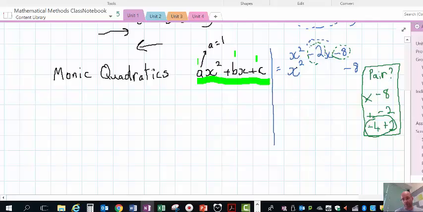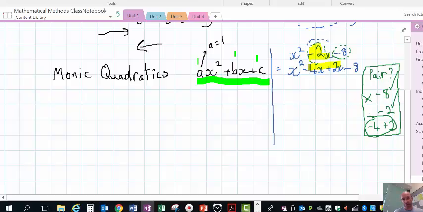How about -4 and +2? -4 times 2 is -8, and -4 plus 2 is -2. That works. And that guides us into how we decompose the middle term. We need to break -2x into -4x plus 2x. Notice how the overall value of the middle term is still the same.